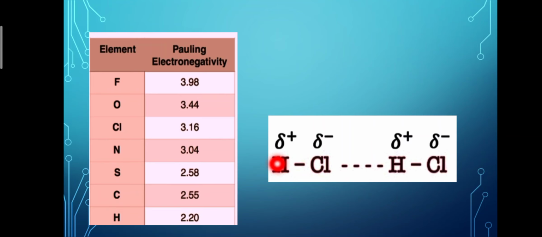The bond formed between hydrogen and chlorine is a polar covalent bond because their electronegativity values are different. The electronegativity of hydrogen is 2.20 and the electronegativity of chlorine is 3.16.